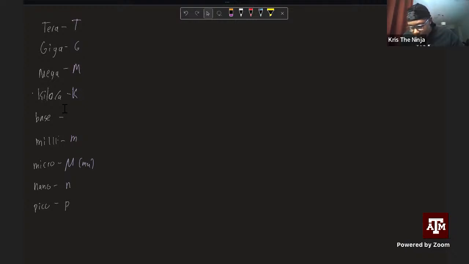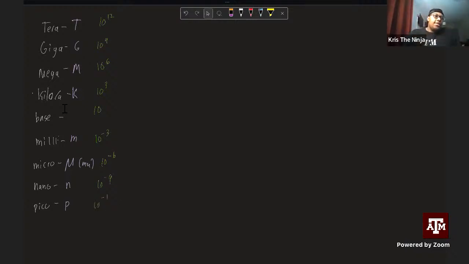All of these are denoted with 10 to the 12th, 10 to the 9th, 10 to the 6th, 10 to the 3, base 10. Just stick with me here. 10 to the minus 3, 10 to the minus 6, 10 to the minus 9, and then 10 to the minus 12.